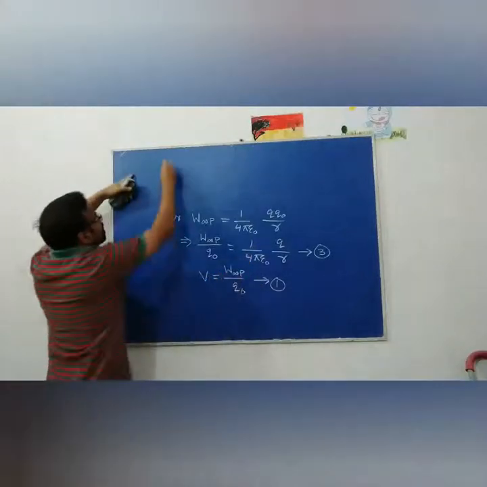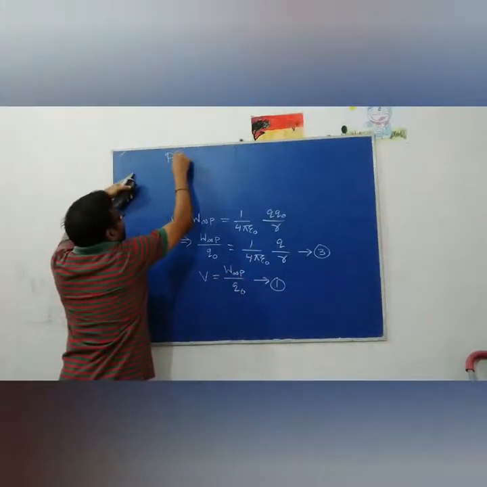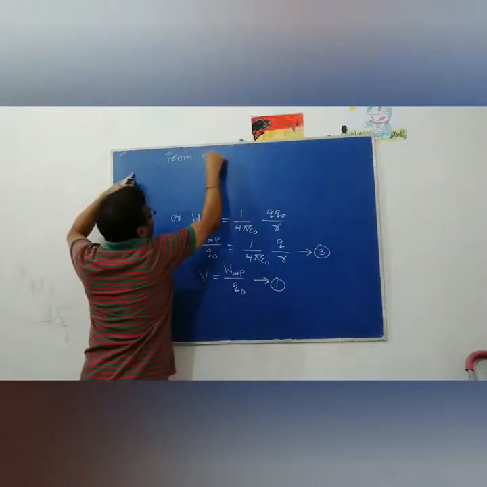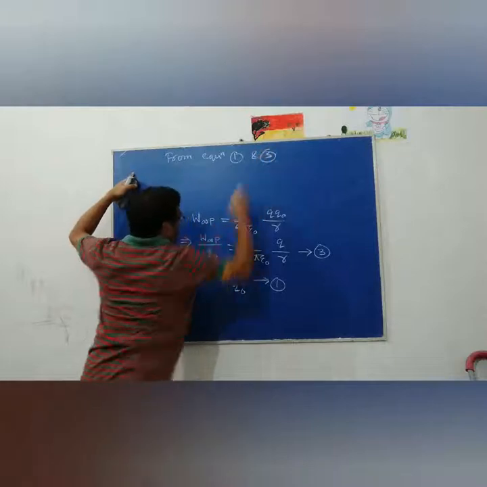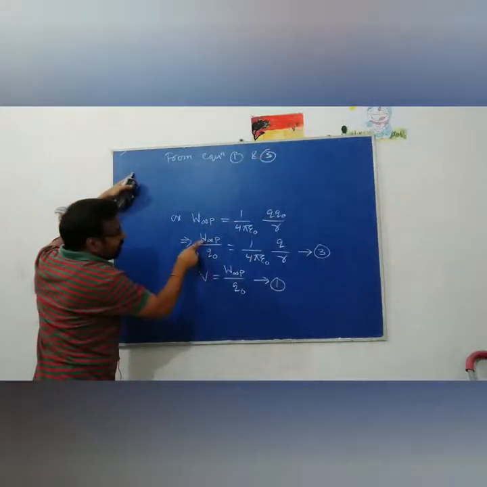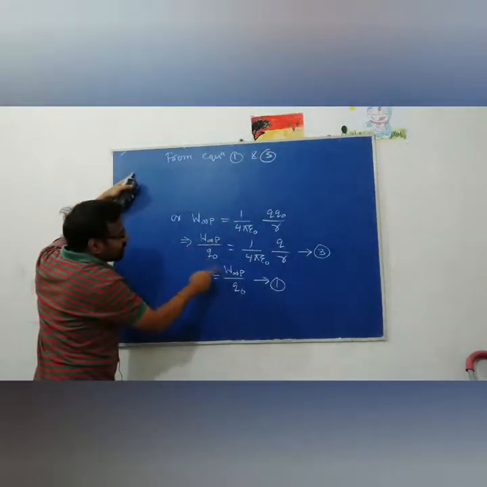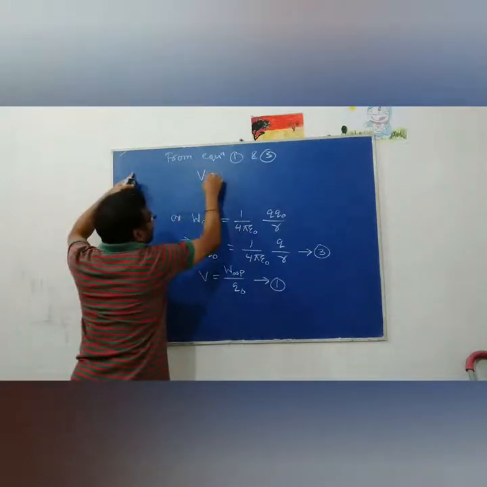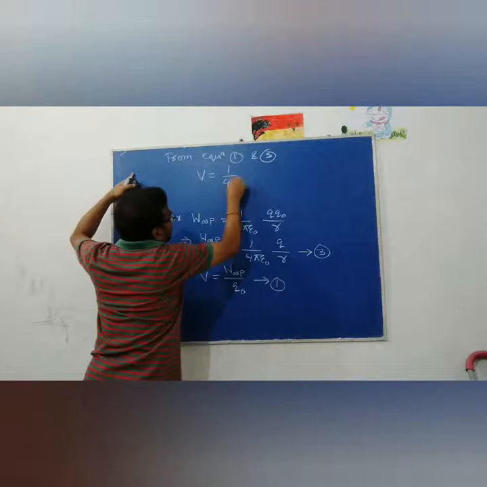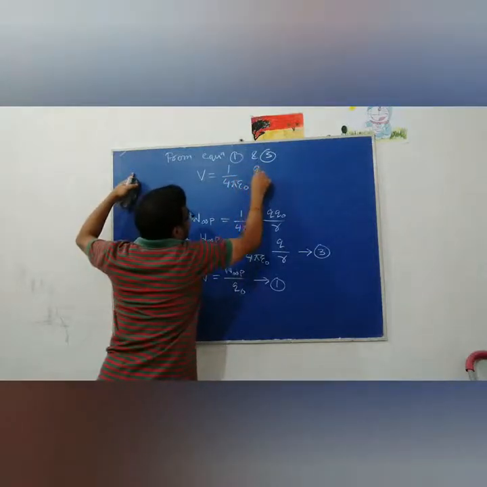From equations 1 and 3 we get, in place of W infinity P by Q naught, V. Therefore V equals 1 by 4 pi epsilon naught Q by r.